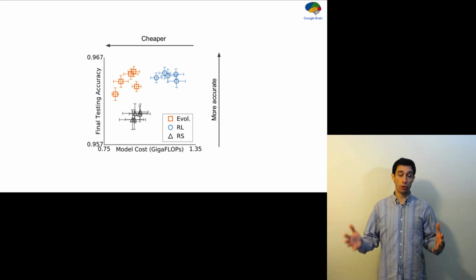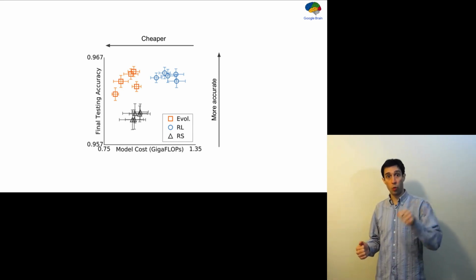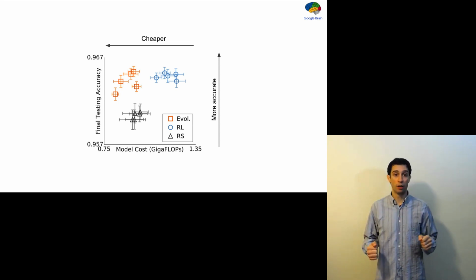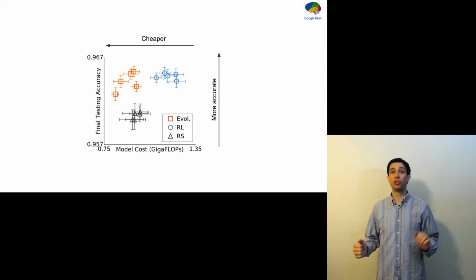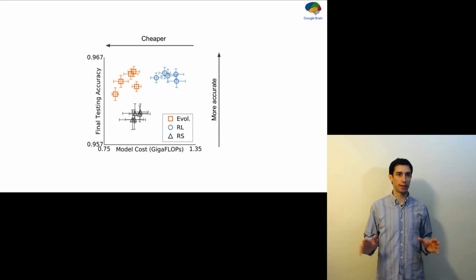This plot shows you the result of these 15 experiments. Each point corresponds to the best models from one experiment. The horizontal axis shows you the model cost, so lower is better, and the vertical axis shows you test accuracy, so higher is better. Note that none of the algorithms ever saw the testing dataset.